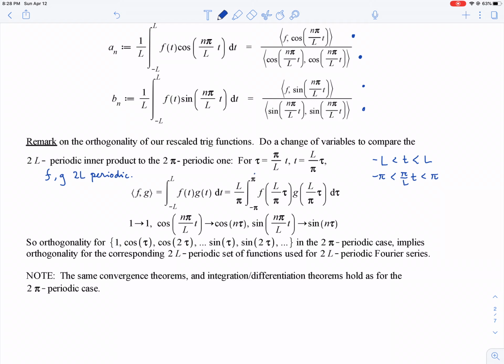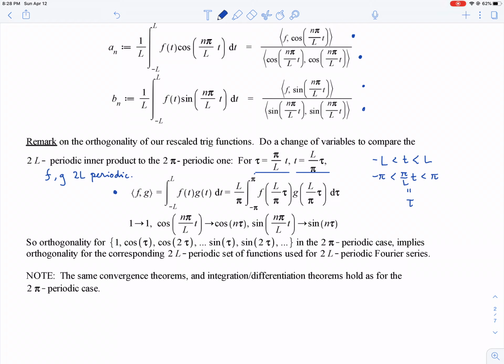Let's call tau pi over LT, and so by symmetry, t is L over pi tau. And let's make that change of variables in our integral for the inner product of f with g.